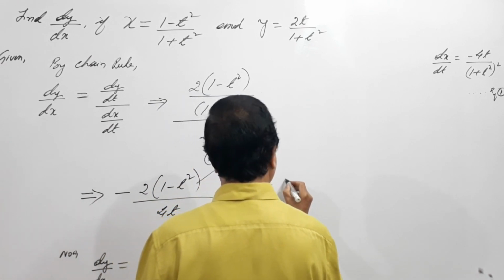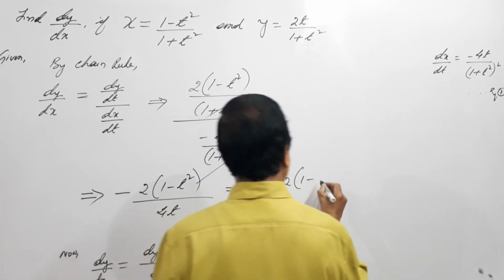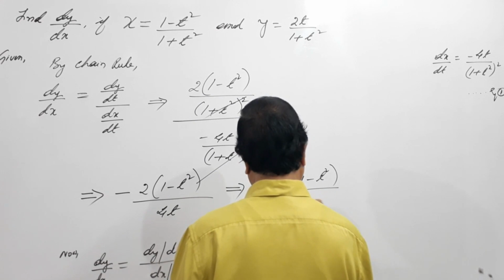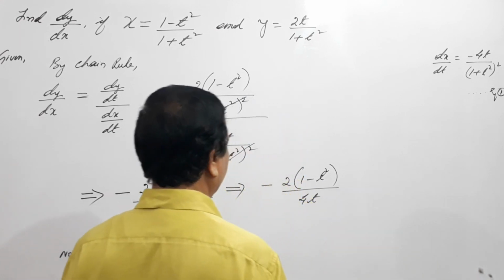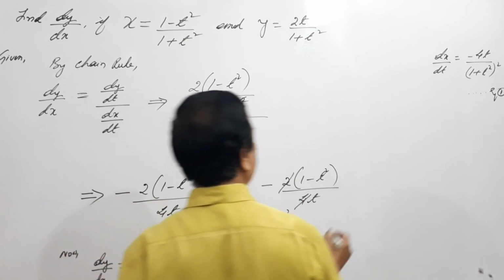Minus 2 into (1 minus t square) by 4t. So 2 ones are 2, 2 twos are 4. So that is equal to what?